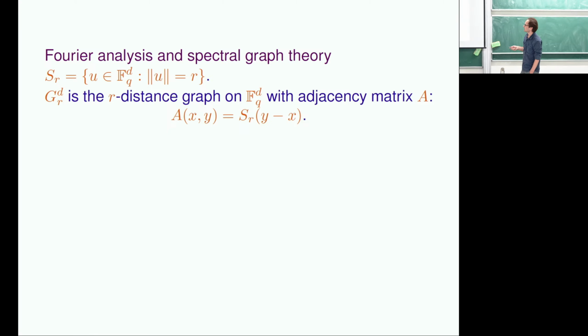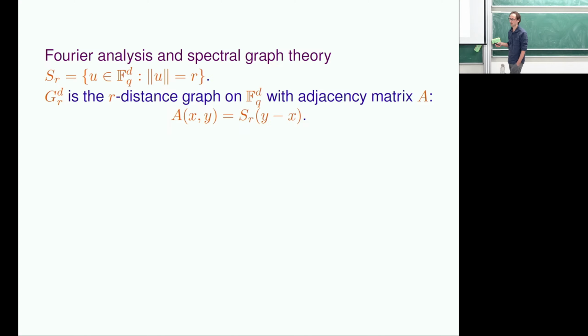So let me define S sub r to be the sphere of radius r. So it's the set of points whose norm, as defined previously, is r. And then G sub r is going to be the r distance graph on the d-dimensional vector space over Fq. So the adjacency matrix here is going to have a 1. The vertices are the points of Fq to the d.